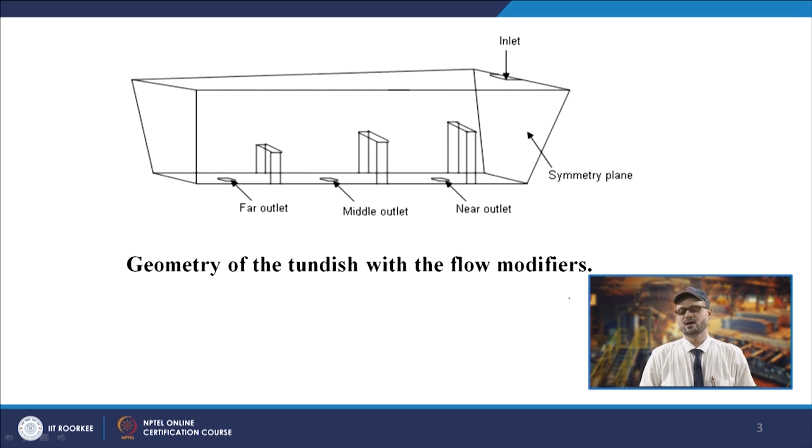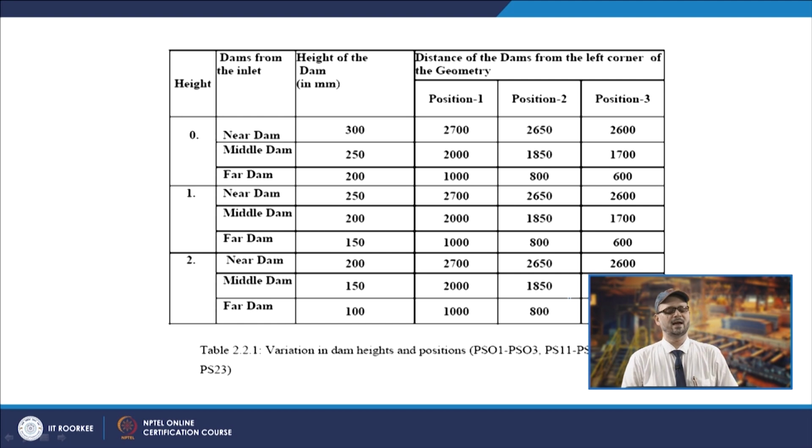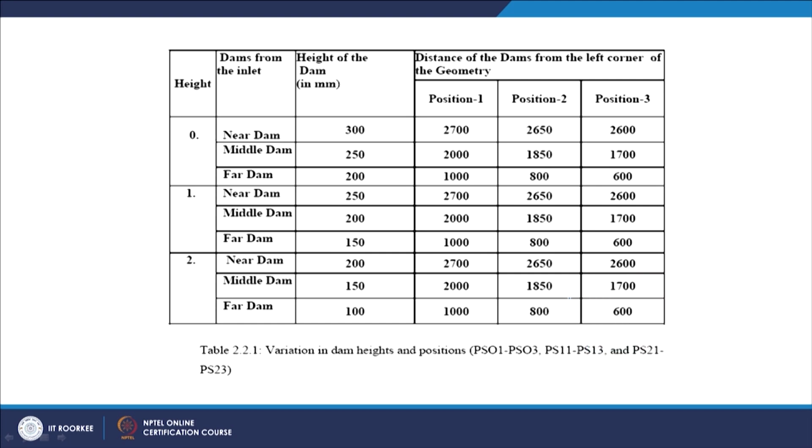This is the inlet through which the inclusions are also inserted or allowed. And we have tried to make use of these dams. We have given different nomenclature or case names when we put the dam height at 300, 250 and 200.